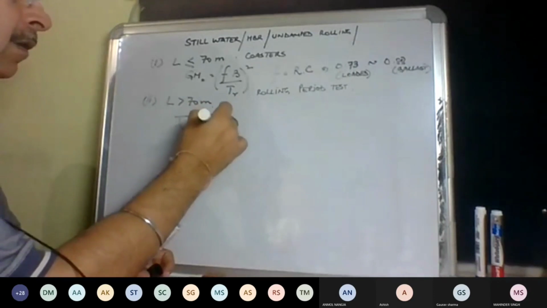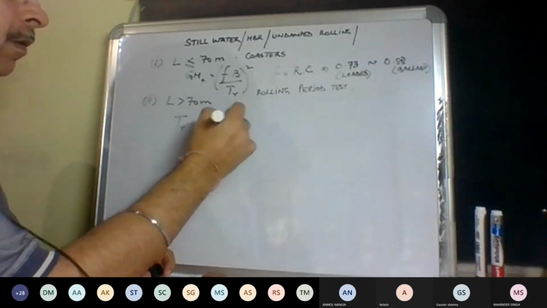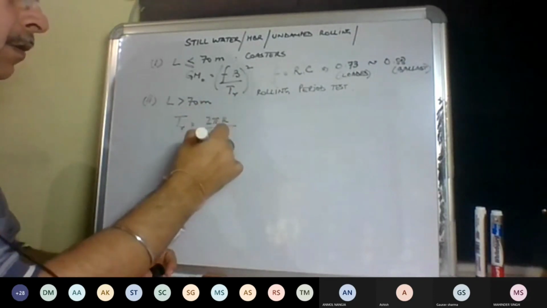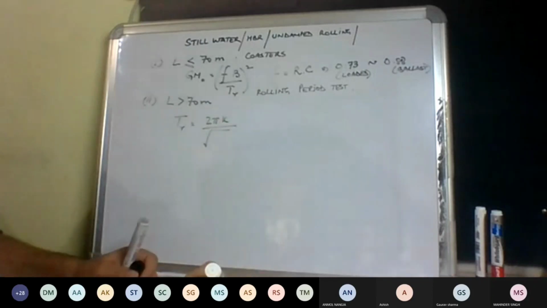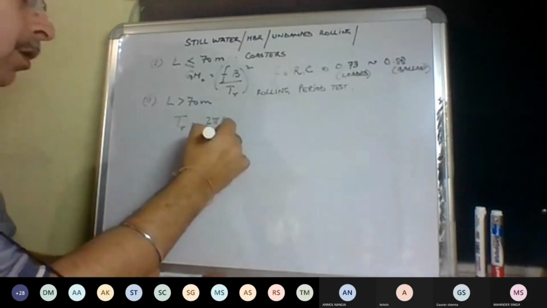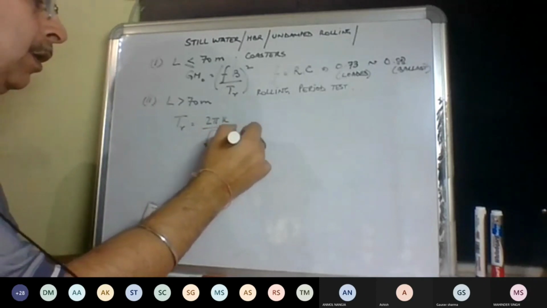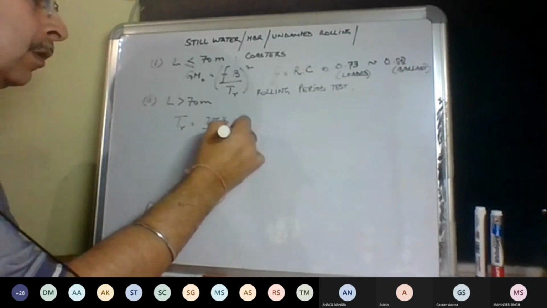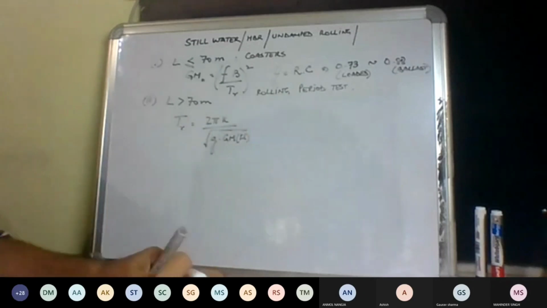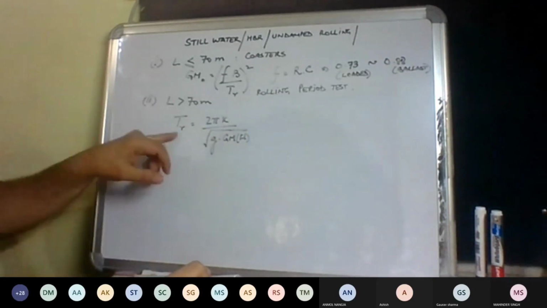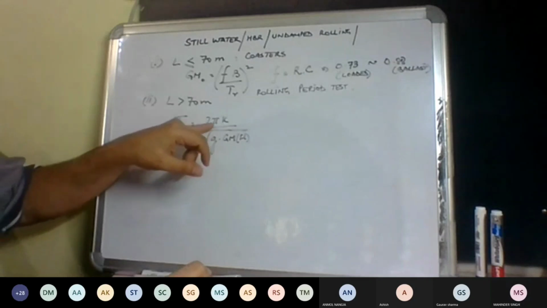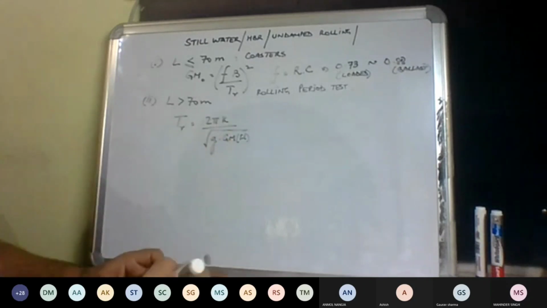TR is equal to 2 pi K over G into GM fluid, under the root. It's a simple harmonic equation. TR, the time period of roll, is equal to 2 pi K over the root of G into GM fluid.